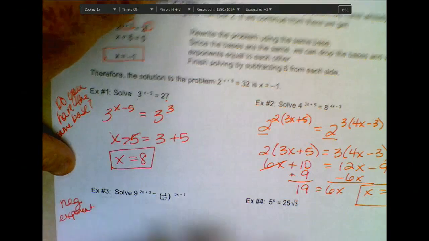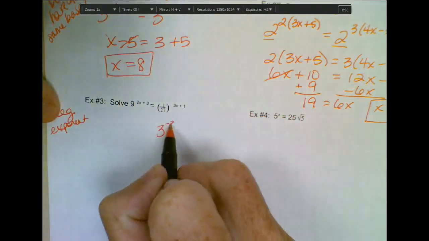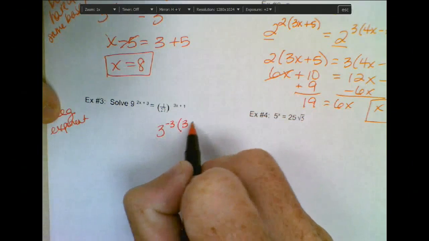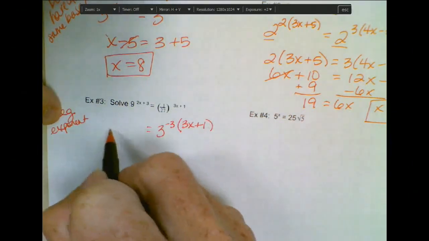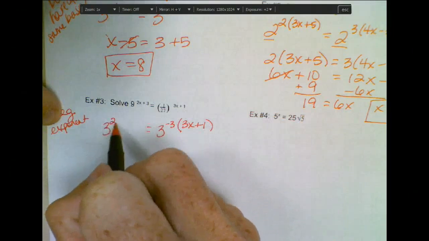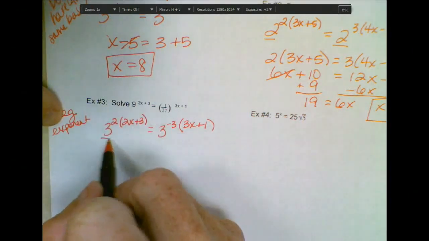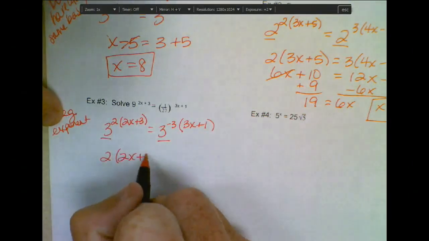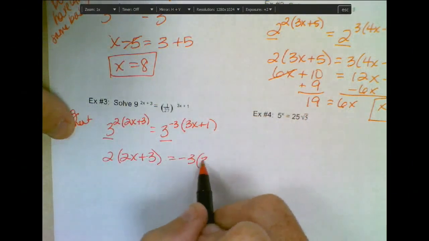So that is simply going to be 3 to the negative third times 3x plus 1. See if I can change my 9 to a base. Well, I know that 3 squared is 9. So I'm going to use that same base of 3. Now I've got the same base of 3, so now I can pull my exponents down and solve.